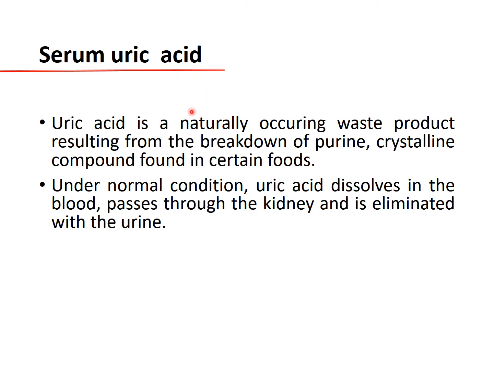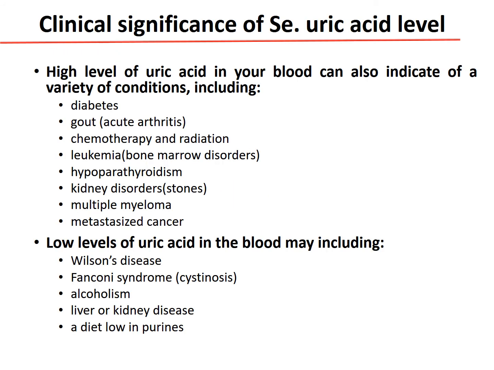Serum uric acid is a naturally occurring waste product resulting from the breakdown of purine, a crystalline compound found in certain foods. Under normal conditions, uric acid dissolves in the blood, passes through the kidney, and is eliminated with the urine.